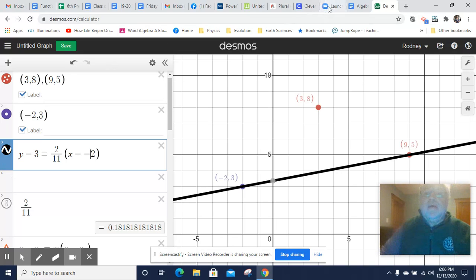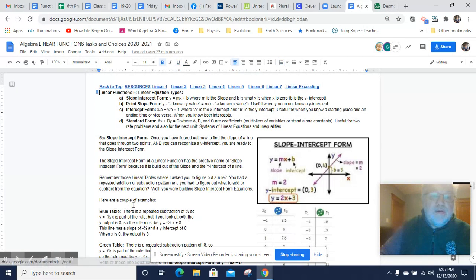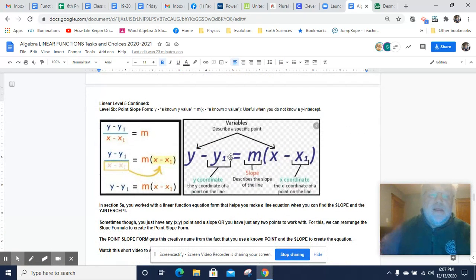Now, here's the point-slope form. Okay, that was the slope-intercept form, 5a, and here's the point-slope form. So it's simply y minus a known y value, this is a y coordinate of a point on a plane, equals slope times the variable x minus a known x coordinate of that same point.